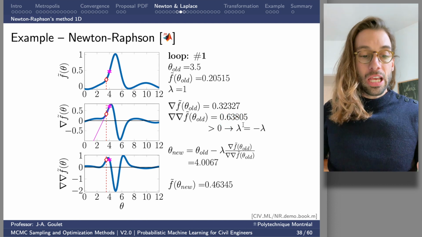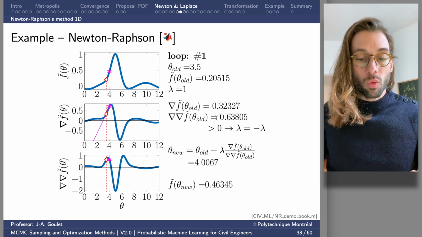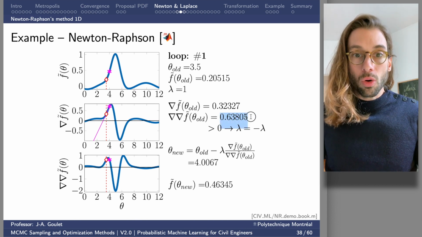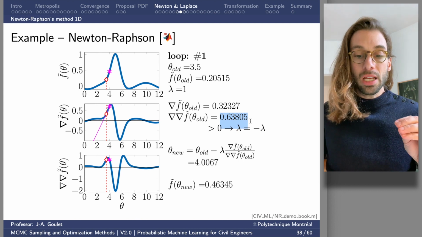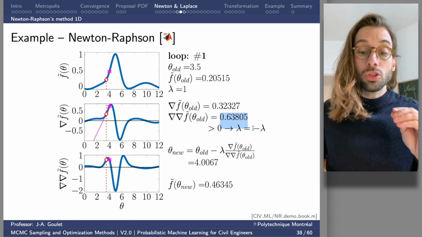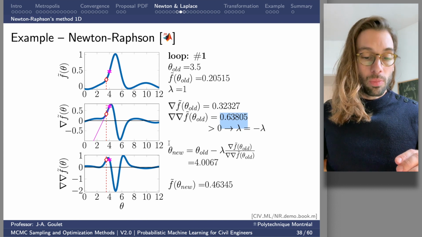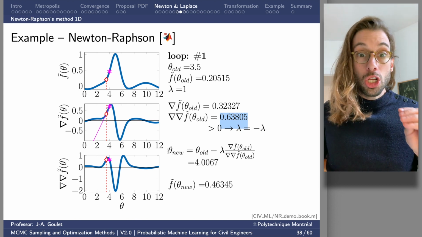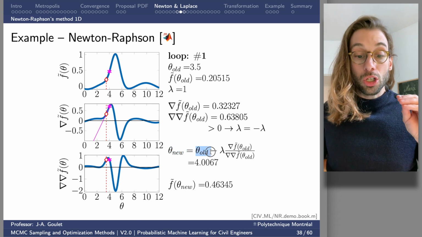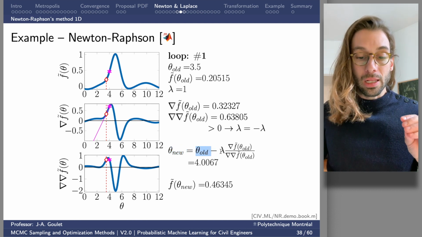Okay, so in that case, whenever the second order derivative is positive, we need to reverse the search direction. So lambda equals minus lambda. Perfect. So now my new location, theta new, where I propose to go, is the current location minus lambda, my scaling factor, times the gradient divided by my Hessian.